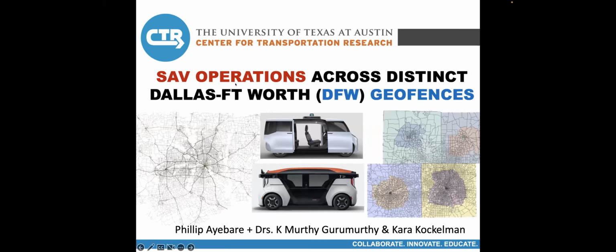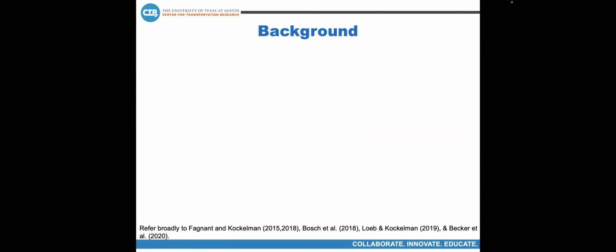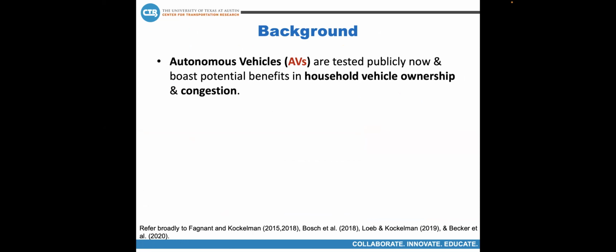Okay. So yeah, my name is Philip Ayebare, and I will be speaking on SAV operations across distinct Dallas-Fort Worth geofences. As a bit of background, based on previous literature, we have seen that autonomous vehicles are tested publicly now and boast potential benefits in household vehicle ownership and congestion.